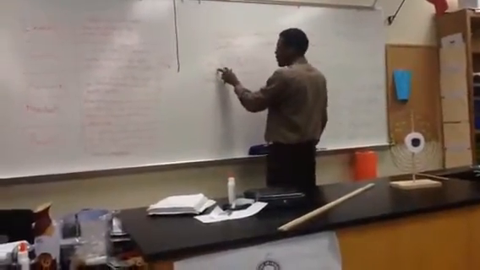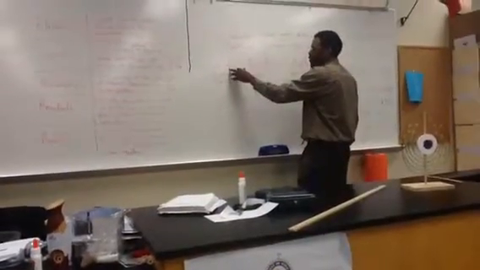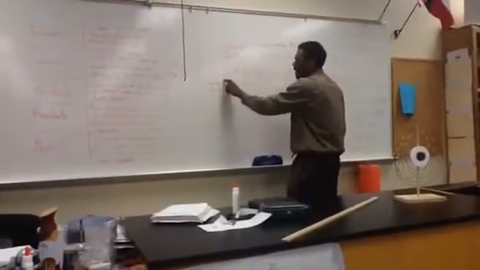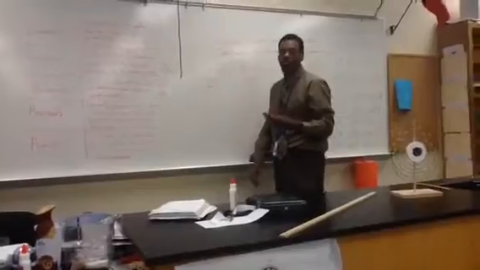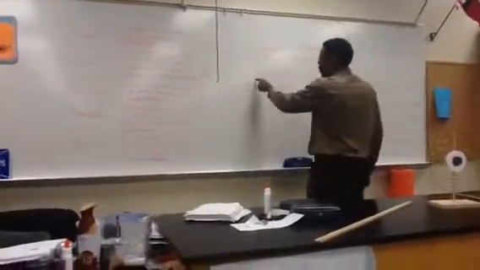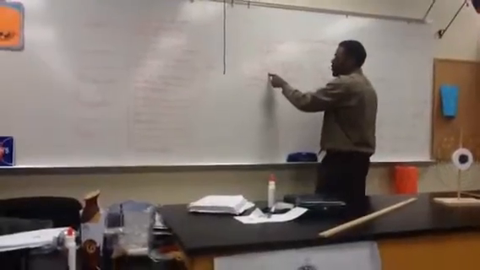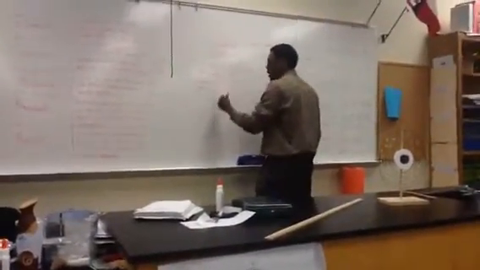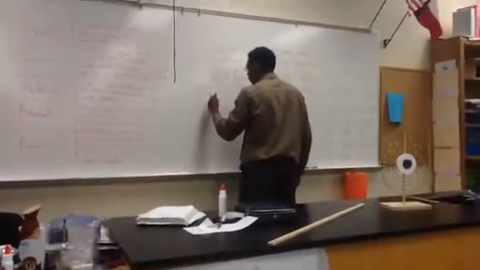By doing that, we must add the subscripts first. Subscripts are meant to be added together and then multiplied by the coefficient. So we're going to say 1 plus 2 gives us 3.